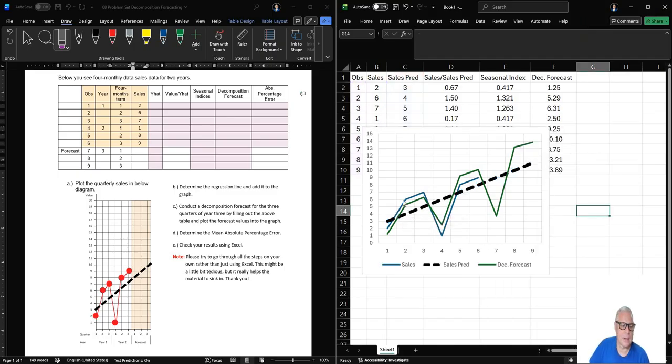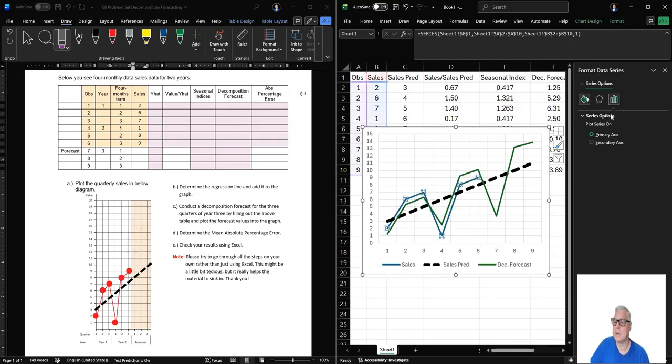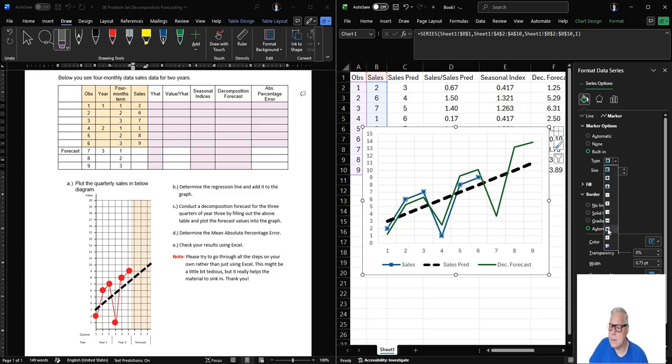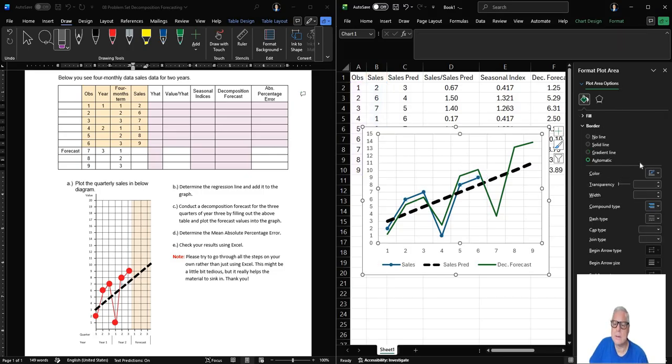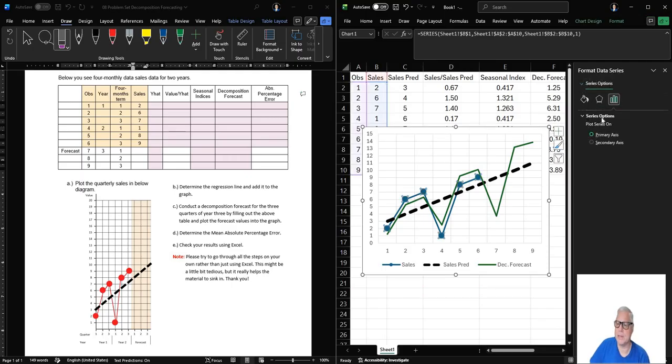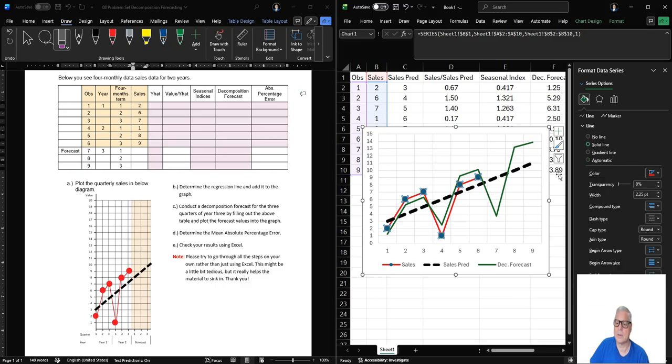Then the actual sales, let's also fit it maybe with a marker, maybe a dot. Okay, maybe that's a little small dot, so I go a little bit bigger. Okay, so blue, but I actually made that red. And the marker red too.